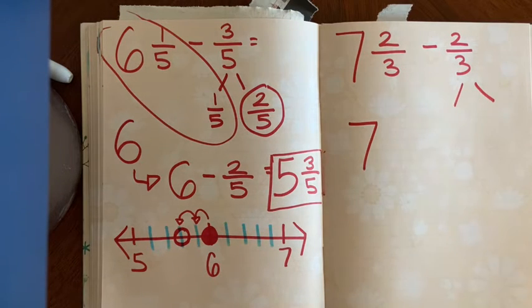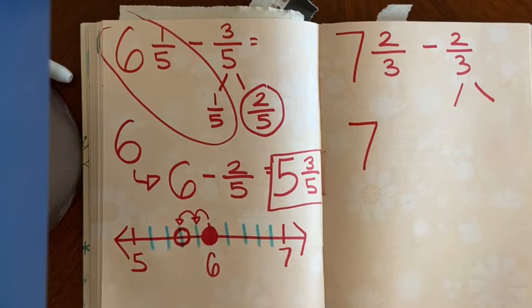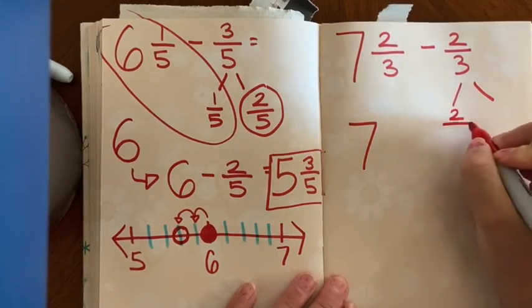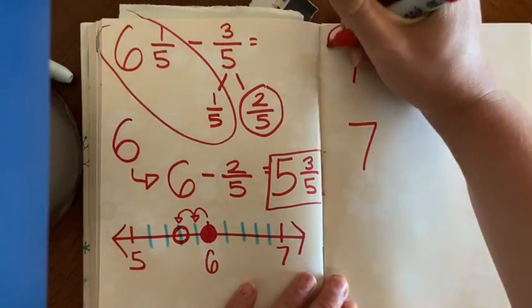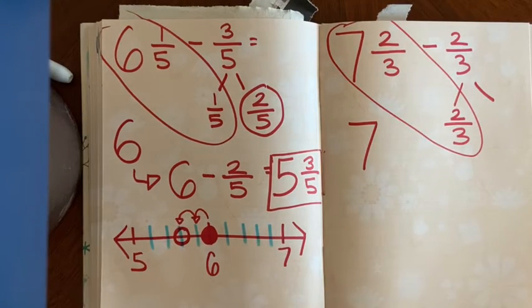So how many thirds do we have to borrow from this fraction? Well, I know that 2 minus 2 is going to give us back down to the number 0. So I'm going to borrow 2/3 because 2 minus 2 gives us back down to the whole number of 7.